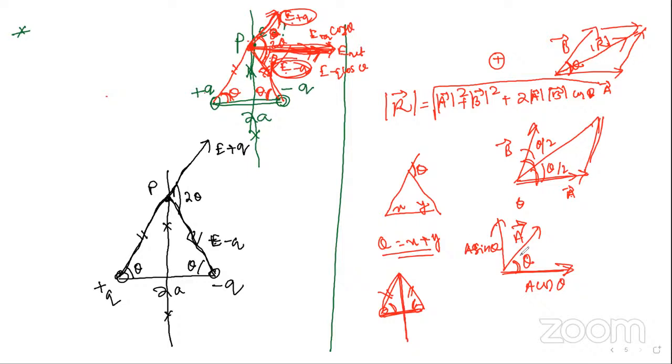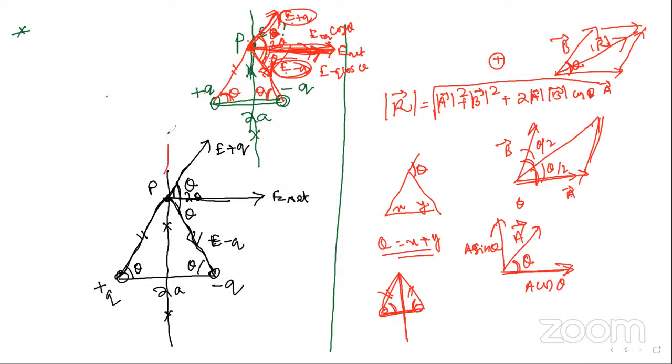If two vectors have the same magnitude, then their resultant will bisect the angle. So this is the resultant vector that I'm writing, E net, the net electric field. It will bisect, that means this will be theta, this will be theta, total 2 theta. Clear, all of you?